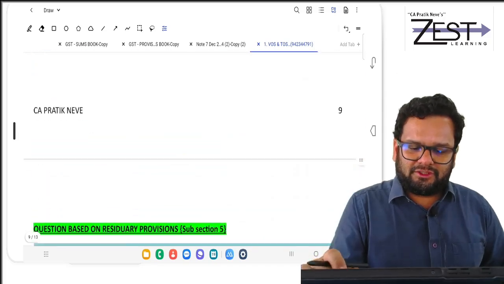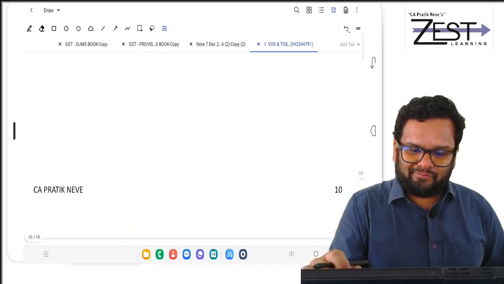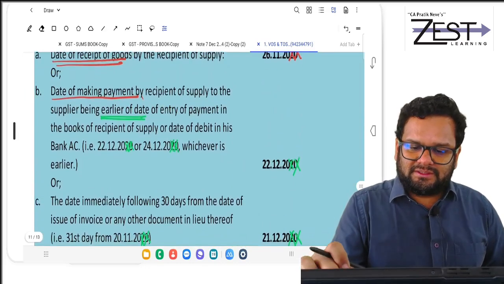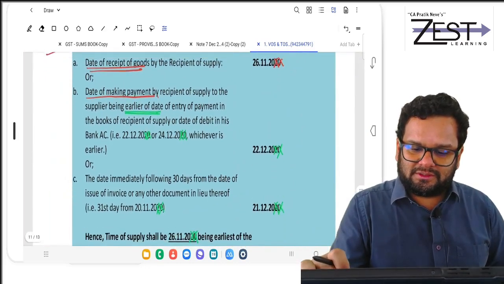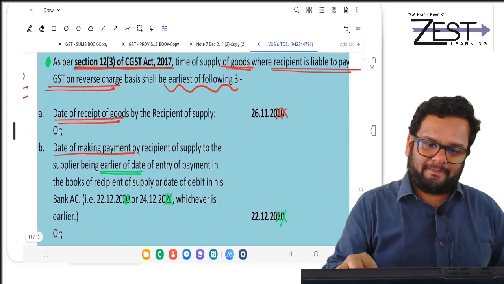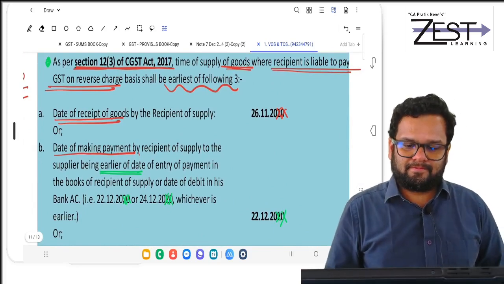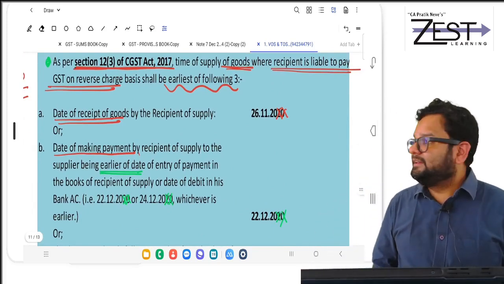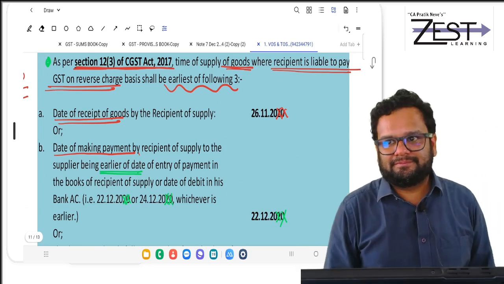Go ahead, complete solution. Write this. I've already cross marked it. I don't want. Question number is 3. Literally nothing to be explained.